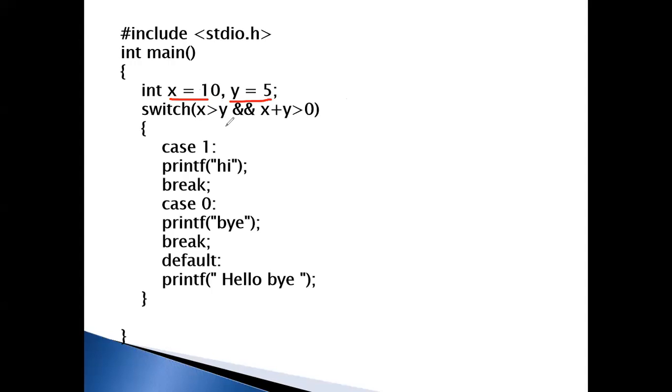After the evaluation, it tests case 1 and the cases that follow. The first case is x greater than y: 10 is greater than 5, so the condition is true.